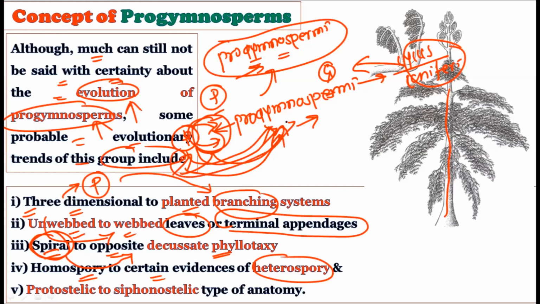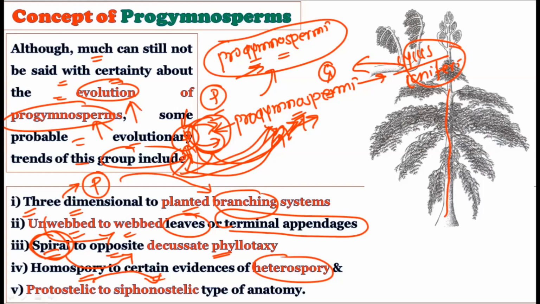So from homospory to heterospory, this transition also occurred. Then from the protostelic to the siphonostelic type of anatomy, the siphonostelic anatomy is found in these progymnosperms. As you know, the protostele as well as the siphonostele were both found in the pteridophytes, but the siphonostele is considered more advanced as compared to the protostele.